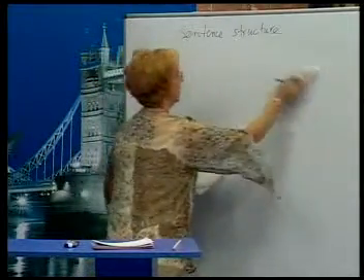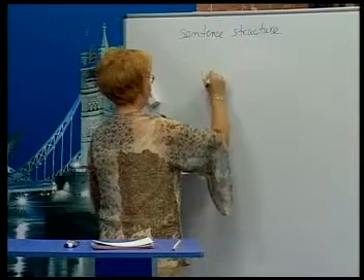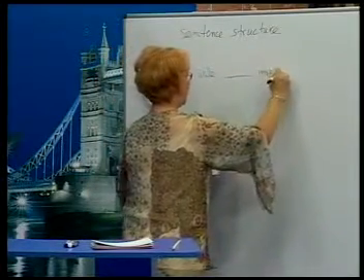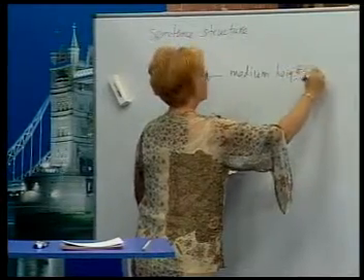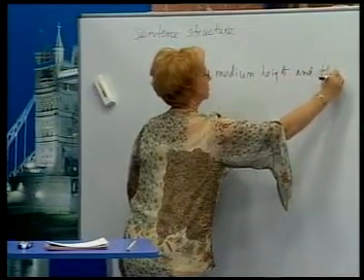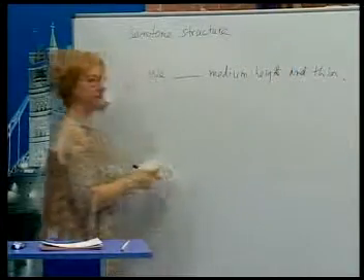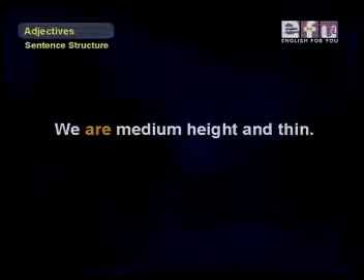Okay. Now, Ali, one for you. A long one. We are medium height and thin. Okay, again, Ali? We are medium height and thin. Yes, we are medium height and thin.